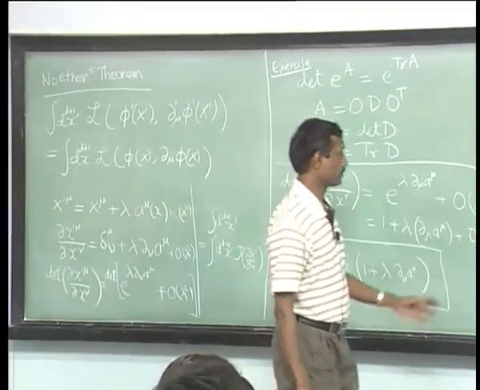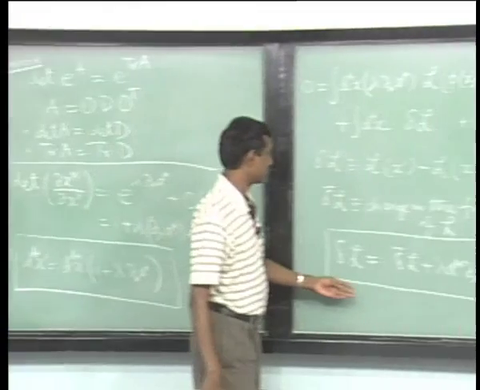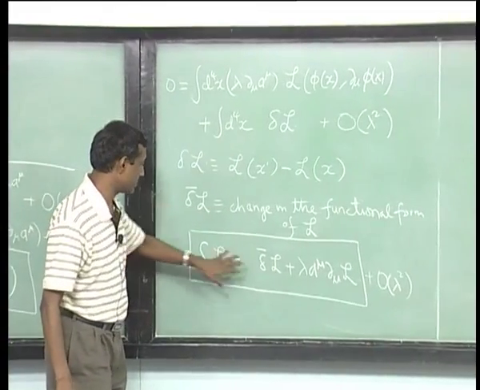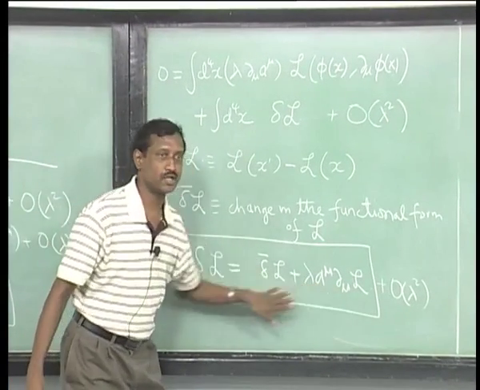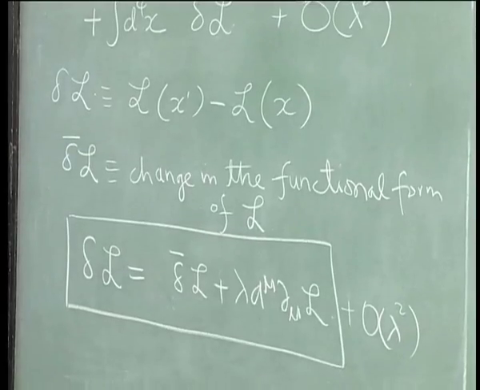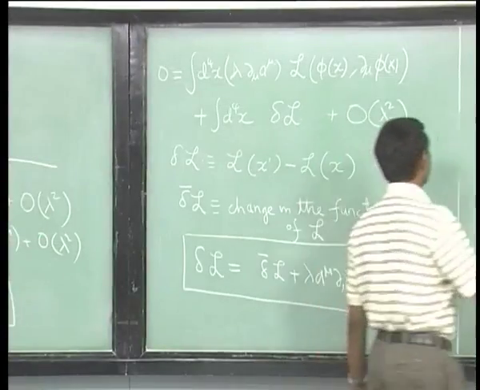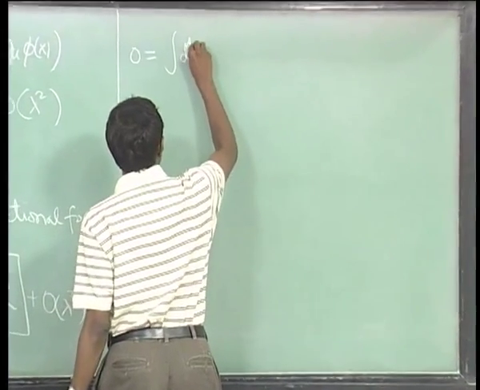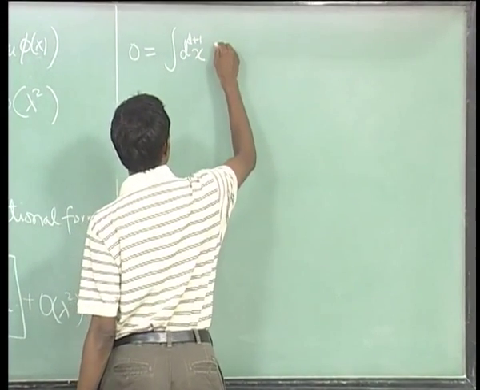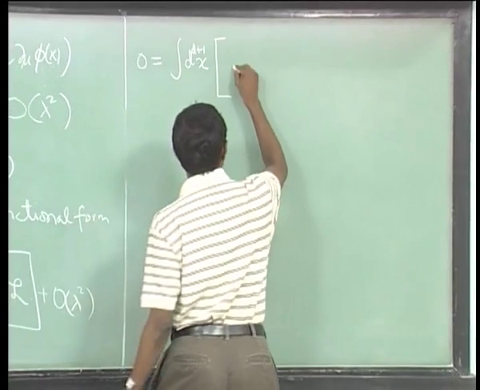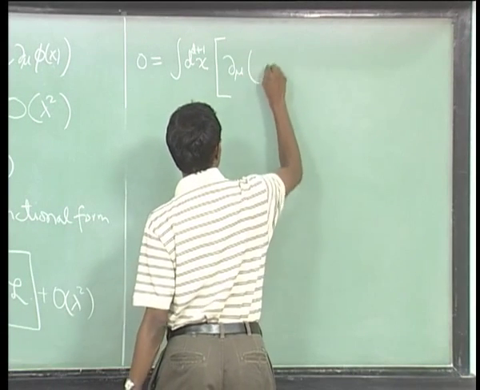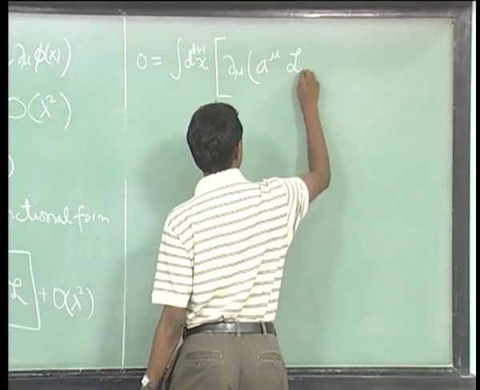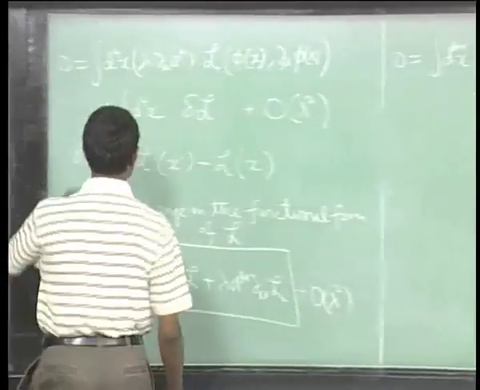Okay. So now we have a nice formula in terms of delta bars and explicit derivatives acting on things, and so we can collect these things and show that 0 equals to this.